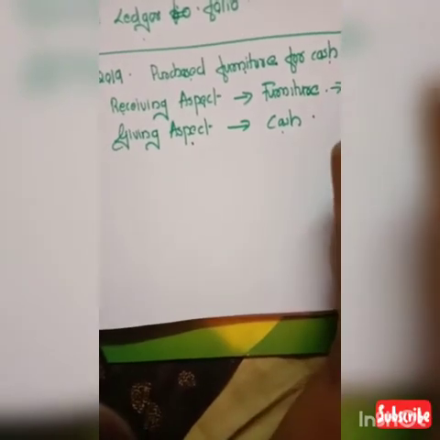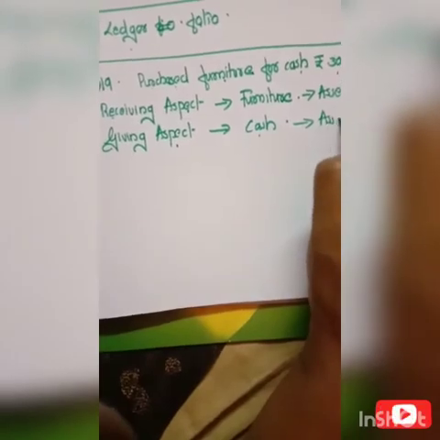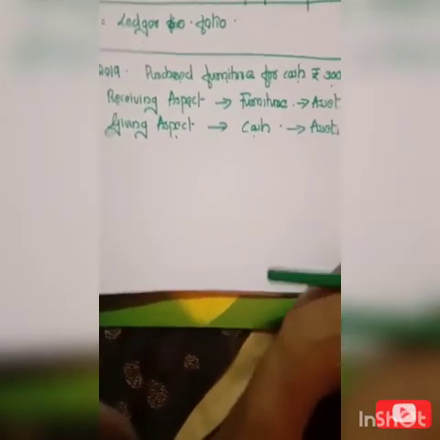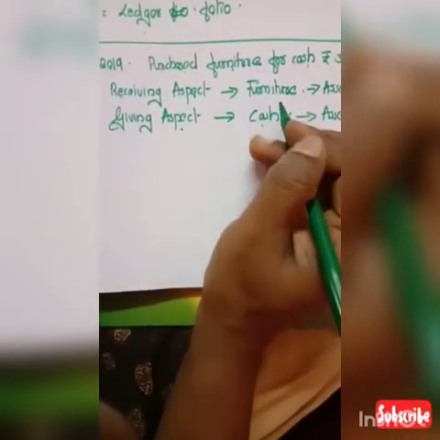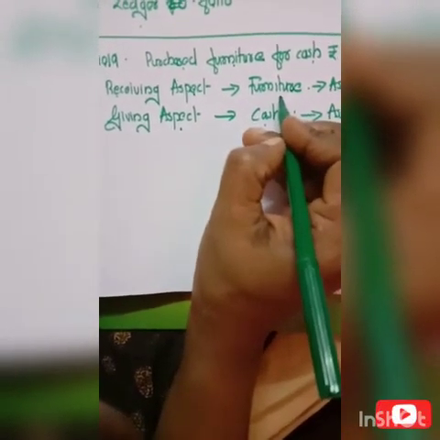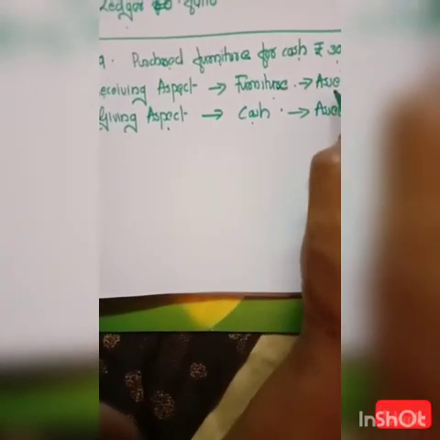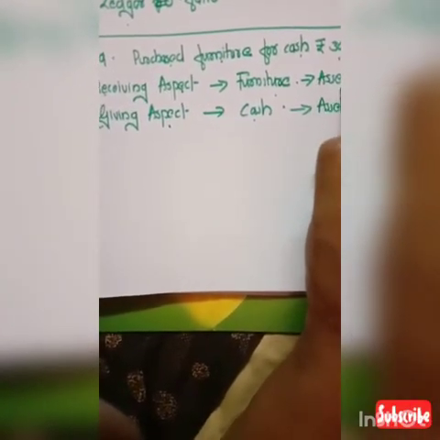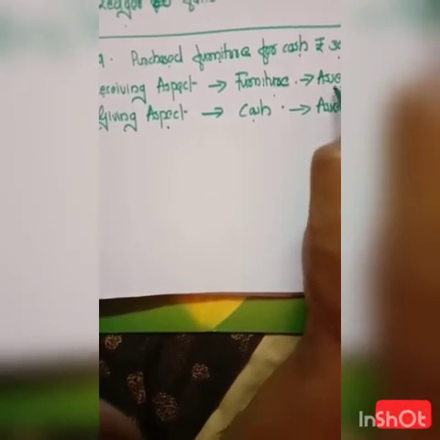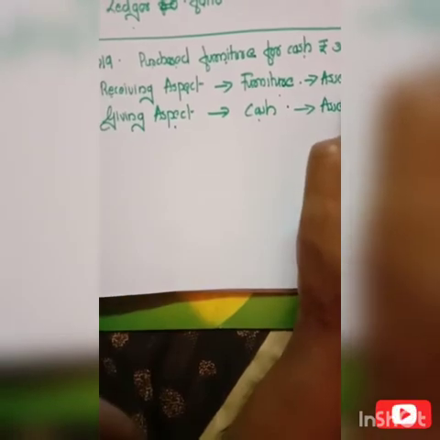Both are assets. Furniture is an asset, and here the value of furniture is increased. Therefore, as per the rule, if an asset is increased, we can give it as debit.